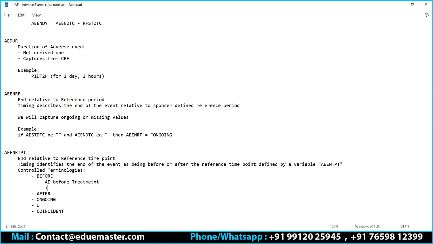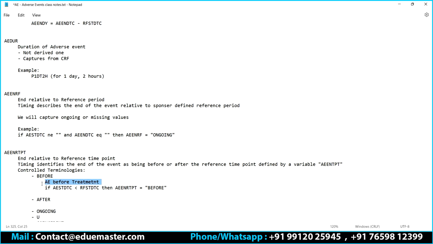If AESTDTC, that is adverse event start date and time, is lesser than your reference start date and time in character format, that is, my adverse event is before my treatment, then my end reference time point is equal to before. Am I correct? Why is it going to be before? My adverse event is before my treatment itself. So I simply call it before.